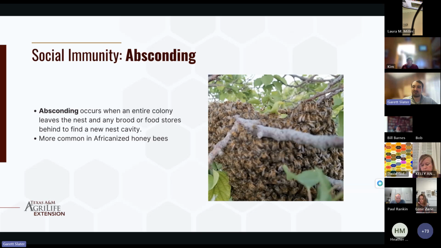You may see honey or pollen stored in your colony, and that's because they had a lot of Varroa and diseases, so they had to go out and find a new home. This is more common in Africanized honeybees, which are more likely to abscond. But if you do see resources without honeybees, that doesn't necessarily mean they absconded. Maybe they died and left the colony. But in some situations, the colony will abscond and leave.